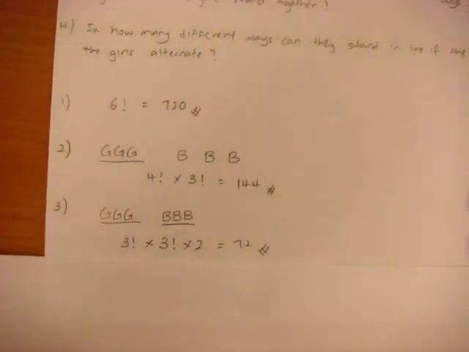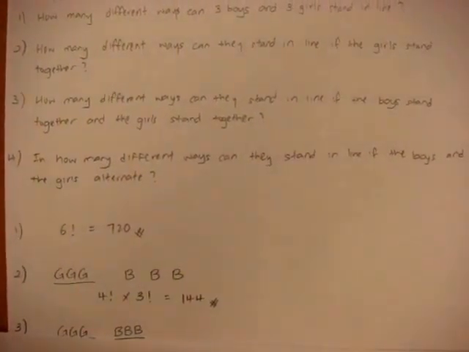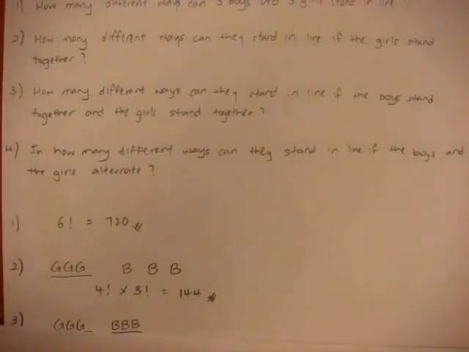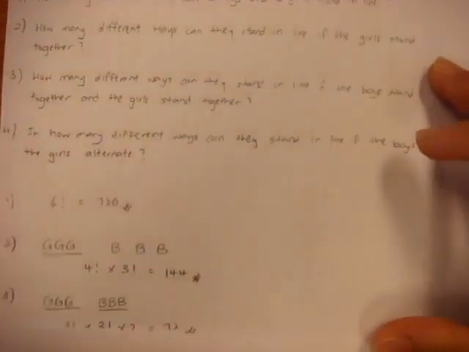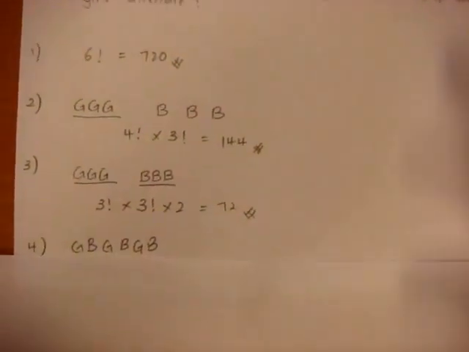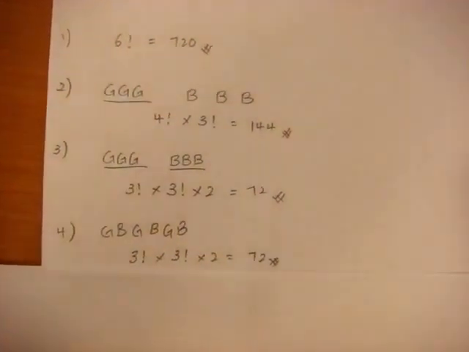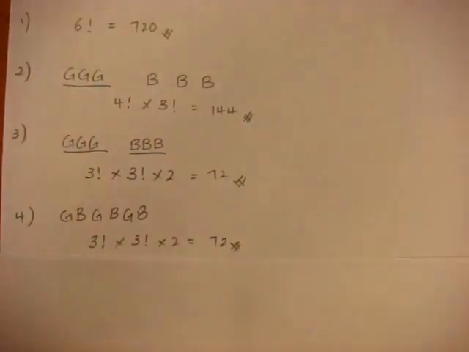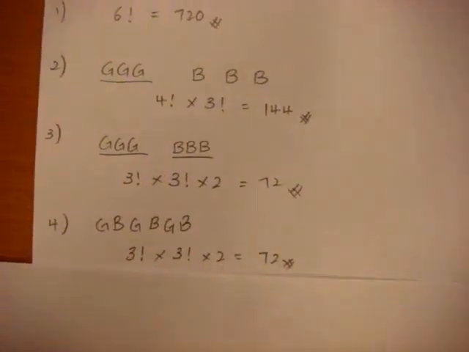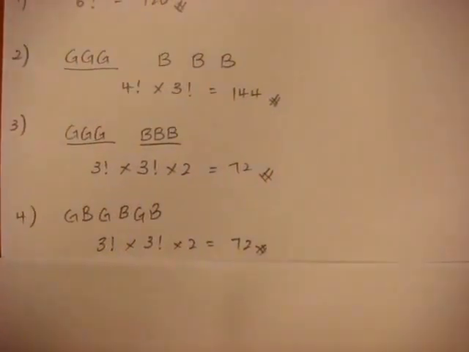So the answer will be 72. The fourth question is, in how many different ways can they stand in line if the boys and the girls alternate? Therefore, the answer will be 3 factorial times 3 factorial times 2. That will be 72, which is the same as question 3.